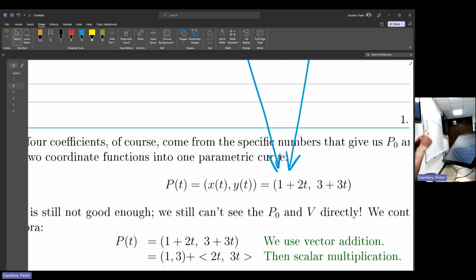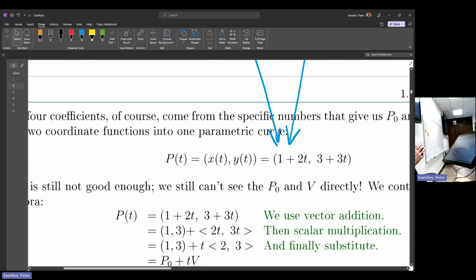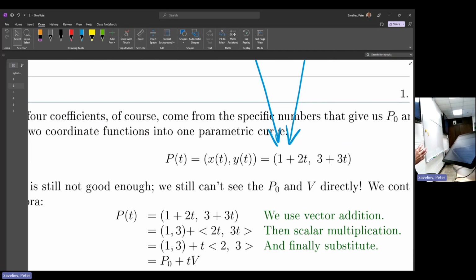But that's not actually the preferred idea. The preferred idea is to factor t out and look at 2, 3. So not only are we going algebra backwards, we extracted not only the initial location 1, 3, but also the constant velocity 2, 3.